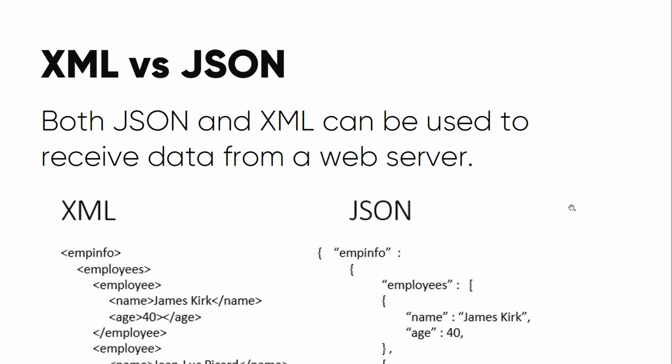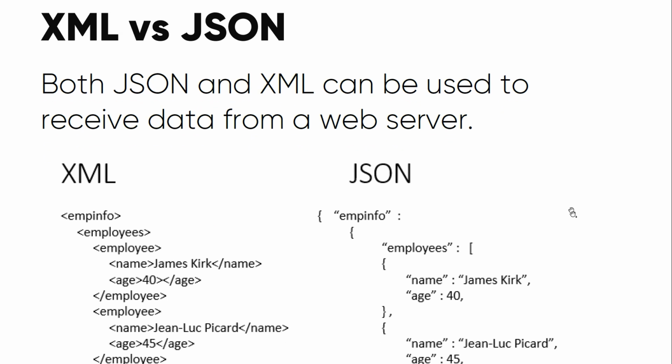Now, XML versus JSON. I would recommend using JSON over XML, and we will concentrate on using JSON in parsing data because it's very simple, very light, easy to understand and easy to parse. We will see later how the description and the differences work. Both JSON and XML can be used to receive data from a web server.